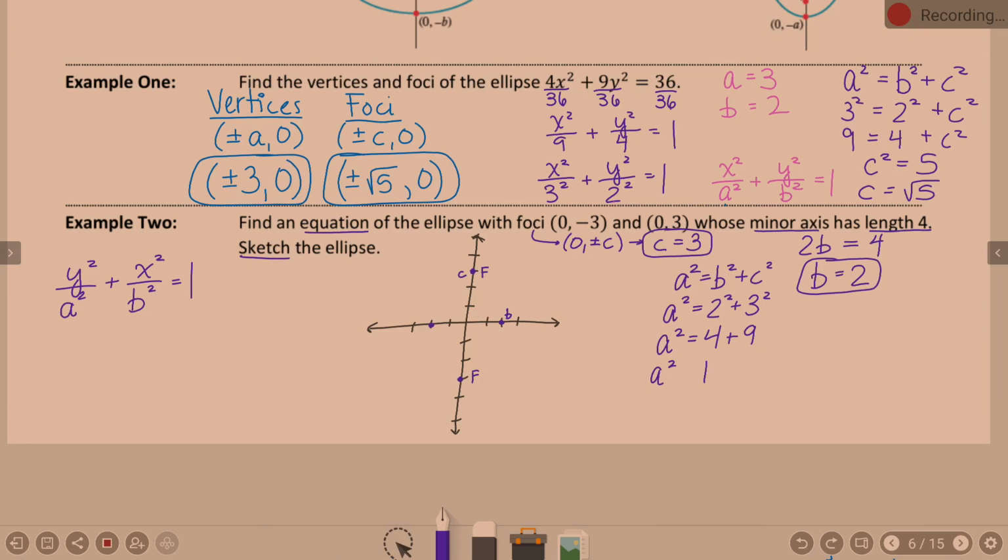So A squared is 13, and that tells me that A is what? The square root of 13. Now, I am perfectly happy with the square root of 13. However, because I'm sketching a graph, can you also tell me what the square root of 13 is? Because I'm going to need a numerical value to sketch this.